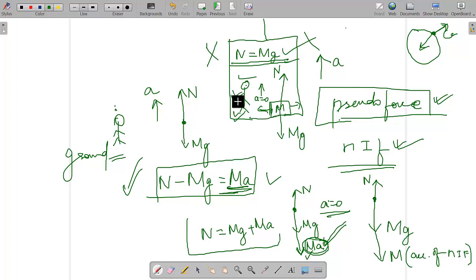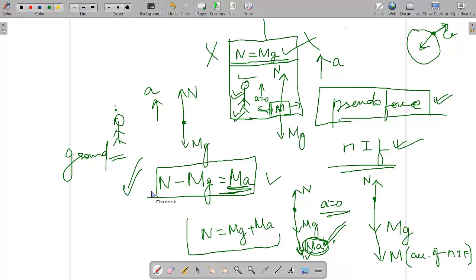But for him to apply Newton's laws, he has to apply a pseudo force on this body, and that pseudo force will be in the opposite direction to the acceleration of the non-inertial frame in which he is sitting. So if the non-inertial frame is moving upwards, this m into a will be downwards. Okay, got it?